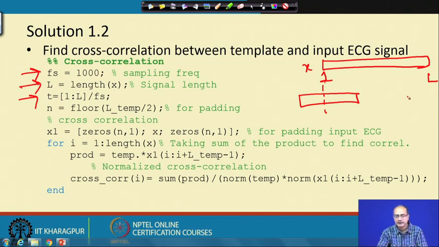In that way, at every position we need to take the dot product of the signal and the template and sum them up to calculate the correlation. But when we are at the first part, we have to take the multiplication and there is no value, nothing is assigned there.